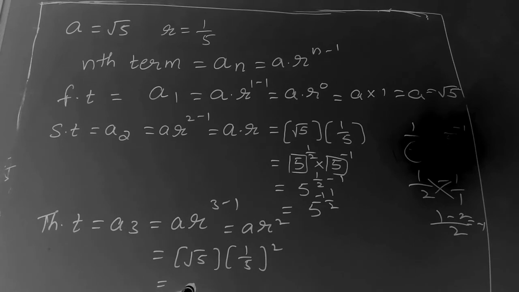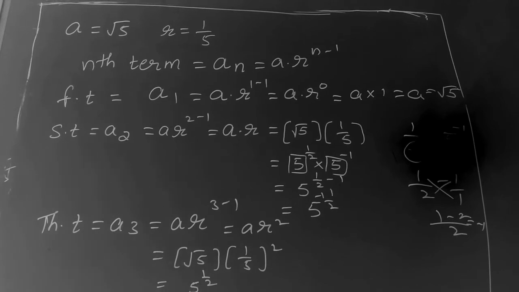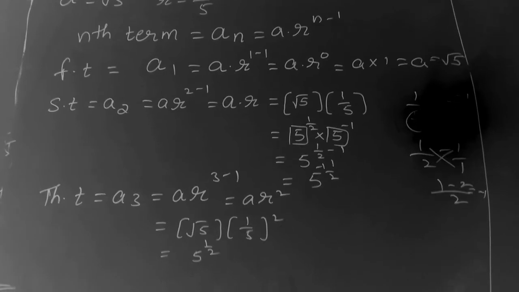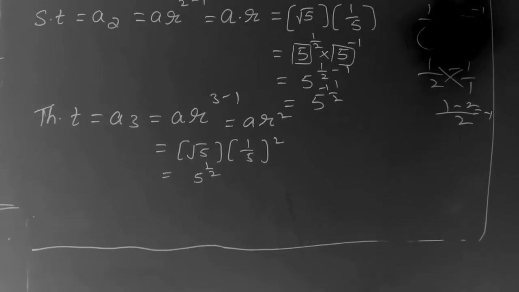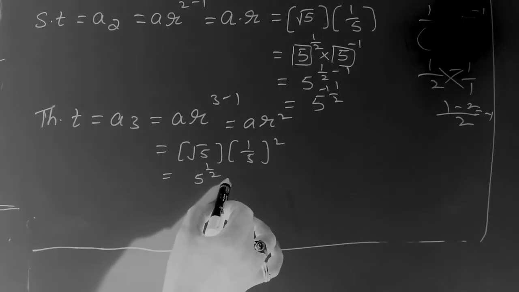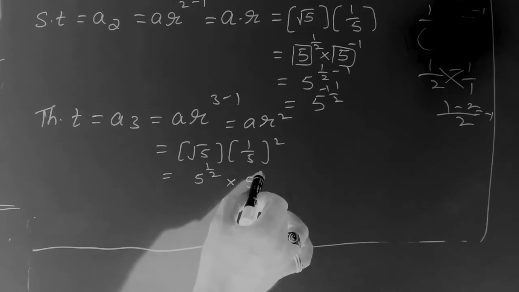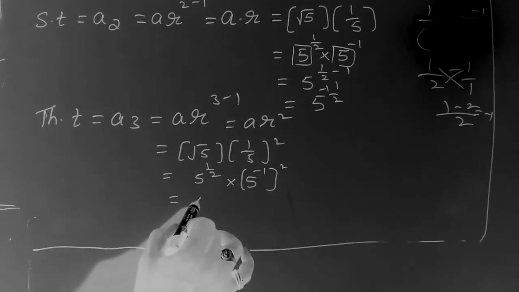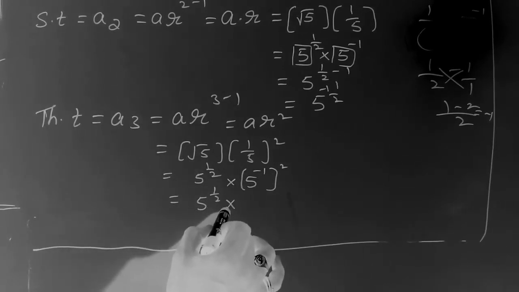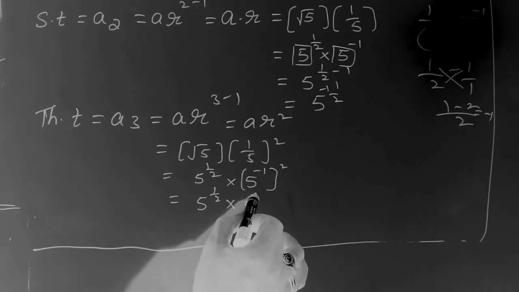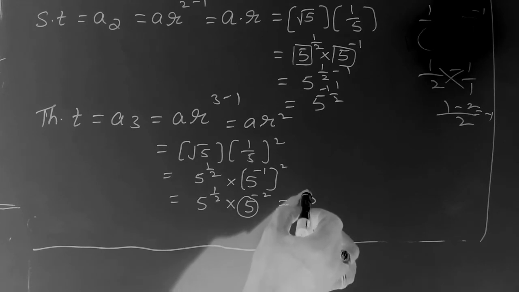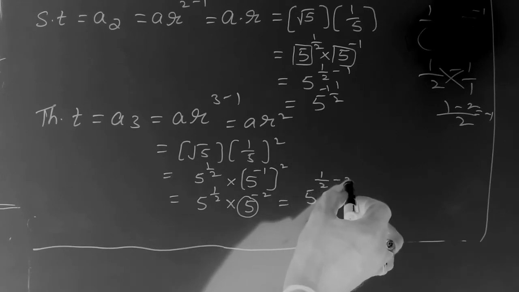Root 5 we can write as 5 to the power of 1 by 2, into 5 to the power of minus 1 whole square. This is 5 to the power of 1 by 2 into 5 to the power of minus 1 into 2, that is minus 2. Bases are equal, so powers should be added: 5 to the power of 1 by 2 minus 2.